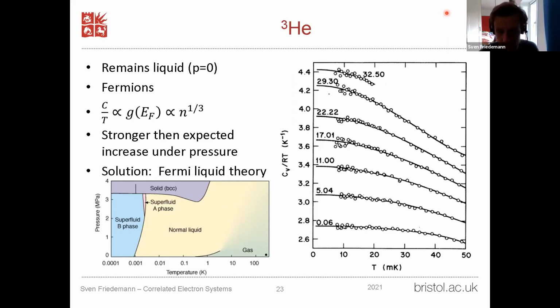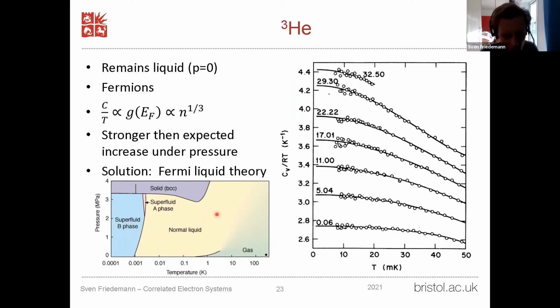Now, the experimental observation is that in helium-3, you can start reasonably well at ambient pressure and low temperatures. It is, of course, only a liquid at very low temperatures. You need to go, in fact, into a state below a Kelvin to observe the liquid state. Then even lower, there's a superfluid state, but I'm not concerned about this.